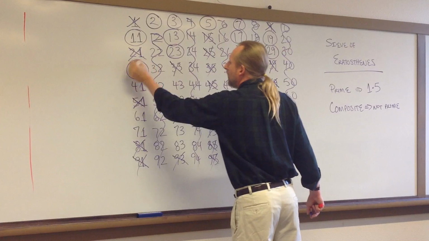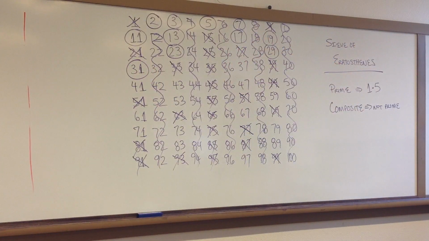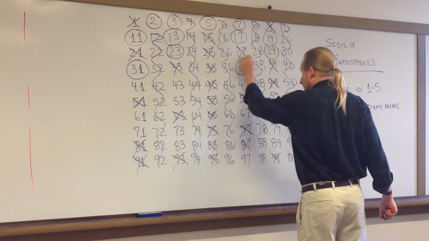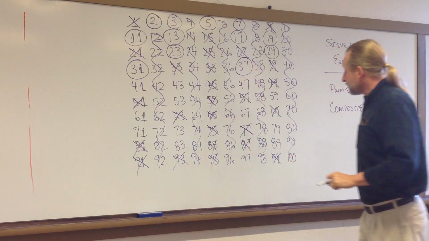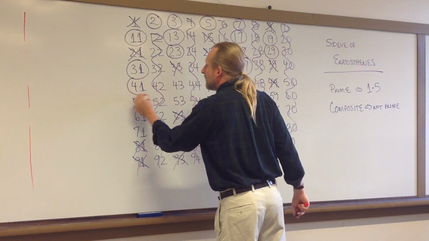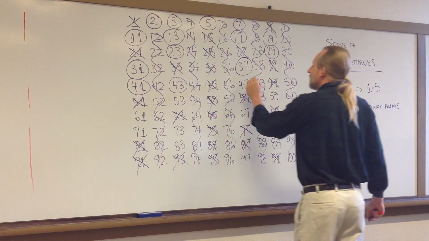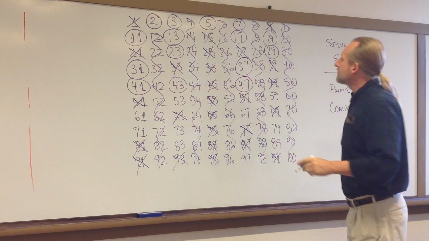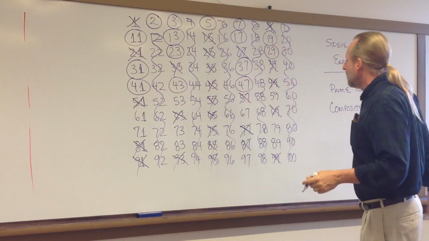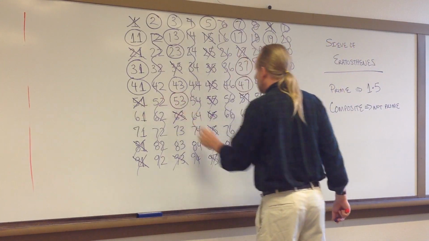And I'll put a copy of this grid on My Open Math if anybody wants to do this themselves. You can also write down these prime numbers and keep a list of them somewhere. Once we get past 19 or so, it's not all that big a deal.